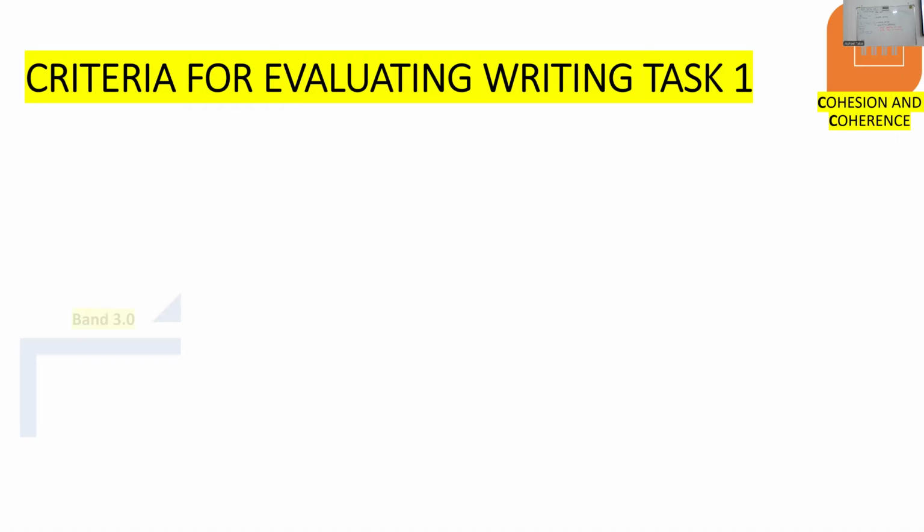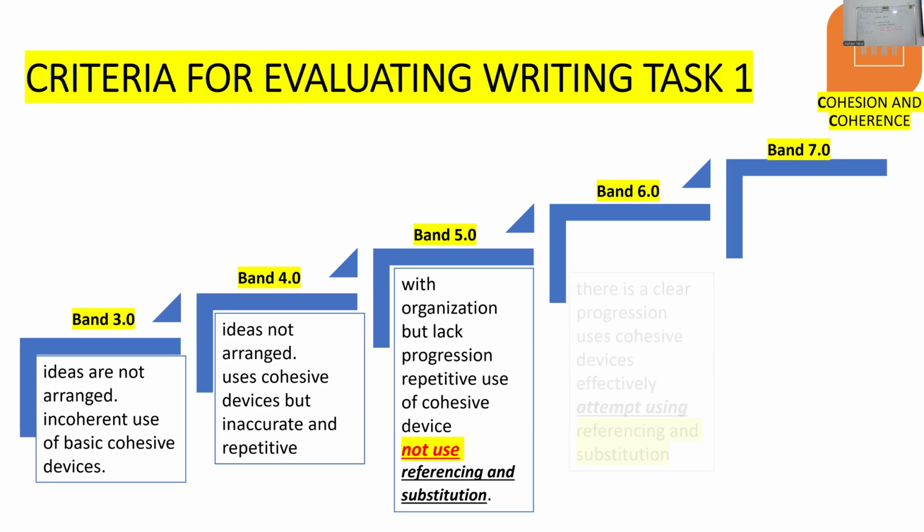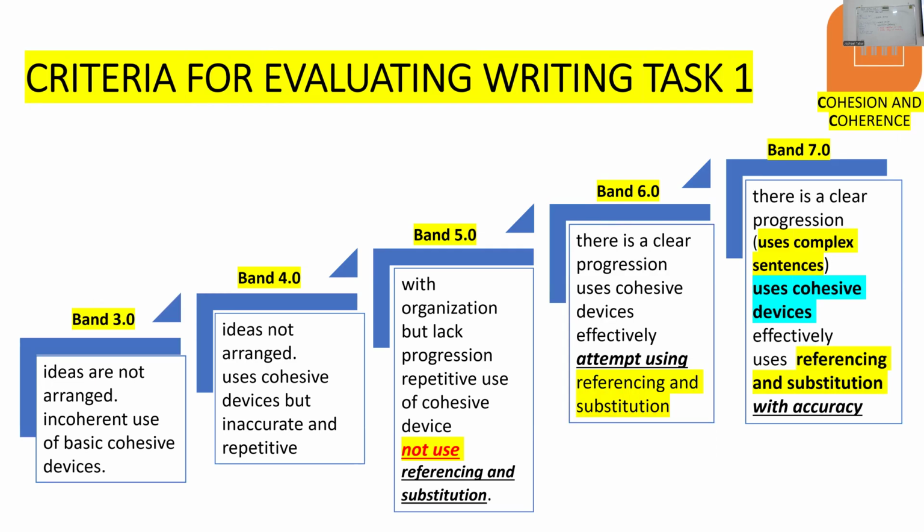Okay. So if you check here the Band 7 score for IELTS Writing Task 1, it says there's a clear progression. That means there's an effective use of complex sentences, the effective use of cohesive devices, and the third one is the effective use of referencing and substitution. If you check here band score 5, it says the candidate does not use referencing and substitution.